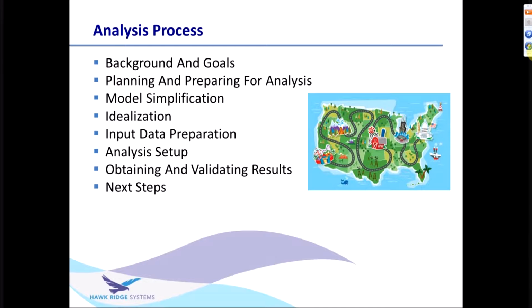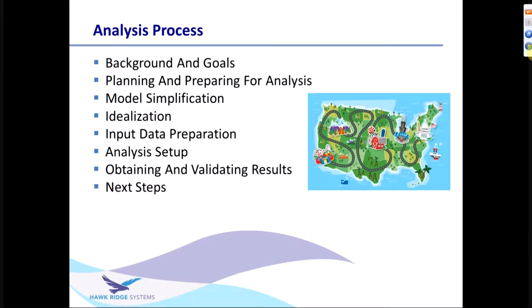One of the first steps we almost always take in setting up a study is simplifying the model that customers provide. You can have a model that includes all the details, features, and components that make up the real-life design, but including all these elements may not be the best approach when analyzing your designs using a simulation.